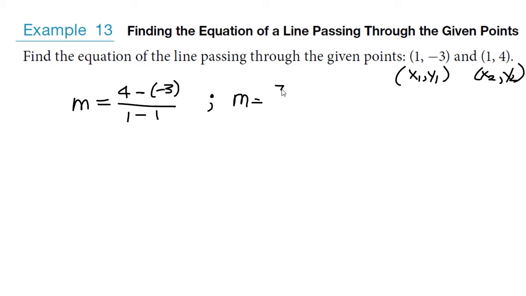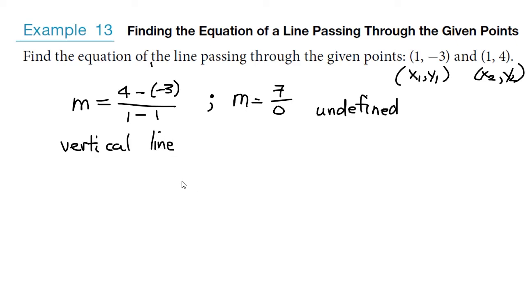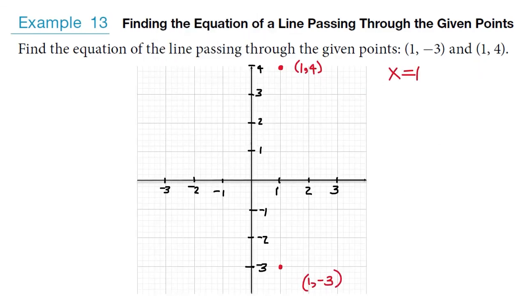It's m equals 7 divided by 0. An undefined slope indicates a vertical line. So a vertical line has the form x equals, well, there's only one value of x, isn't there? 1. So the line that joins the point 1, negative 3 to the point 1, 4 has the equation x equals 1. And as you can see, it is a vertical or upright line.